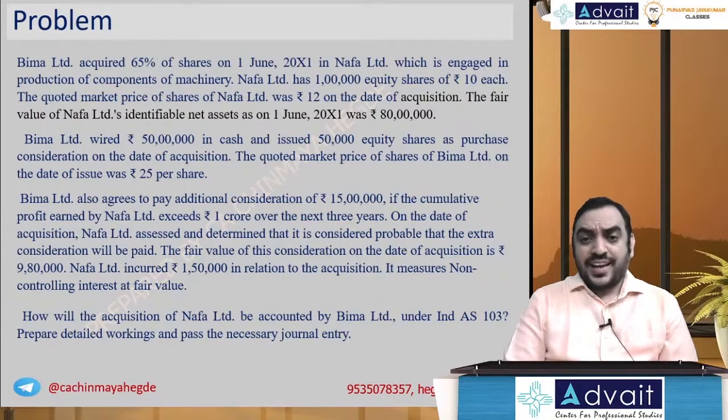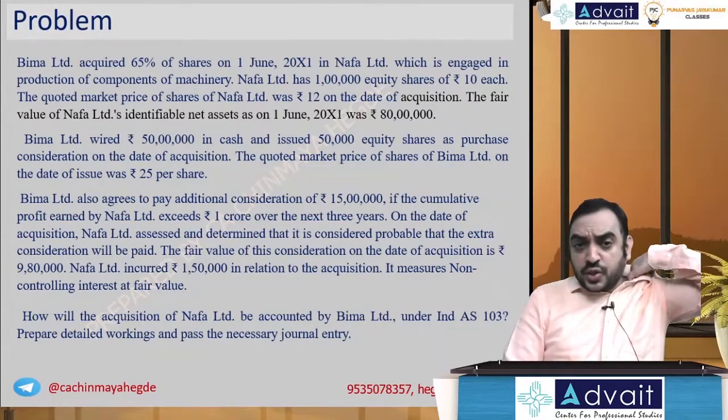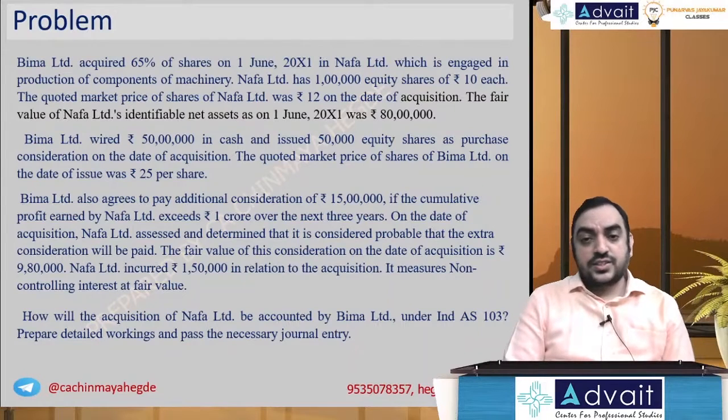NAFA Limited has 1 lakh equity shares of 10 each. The quoted market price of NAFA Limited was 12 per share. The fair value of net identifiable assets on 1st of June is 80 lakhs.